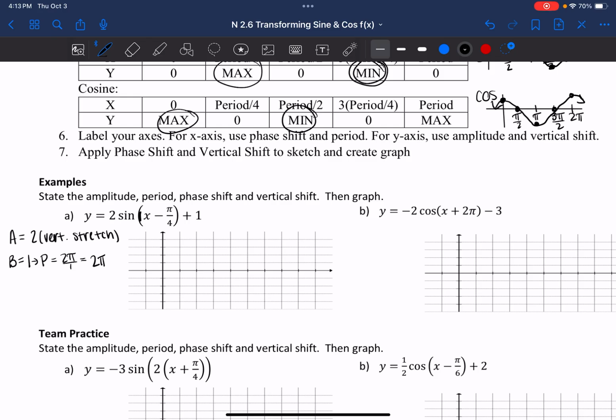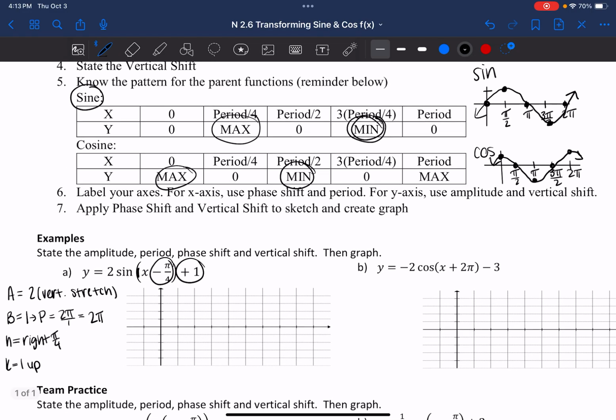And then I need my h. Well, there is no h value. Yes, there is this time. My h value is negative pi fourths. Negative, opposite of what we think, means for us to move to the right pi fourths. And then my k value out here on the end is 1. Positive 1 means for us to move up 1 unit.